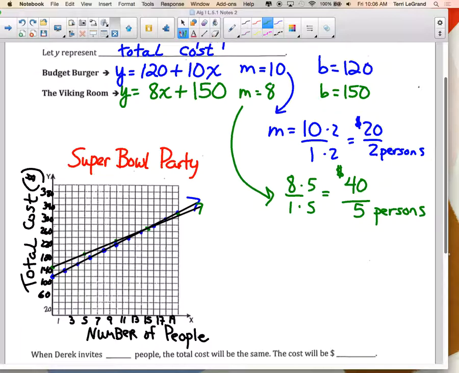When you think you know the ordered pair, write it down. Where are those two lines intersecting on the graph?